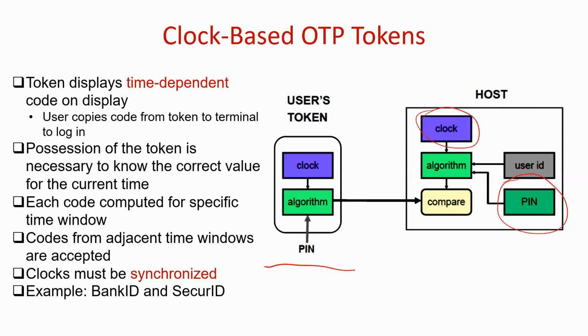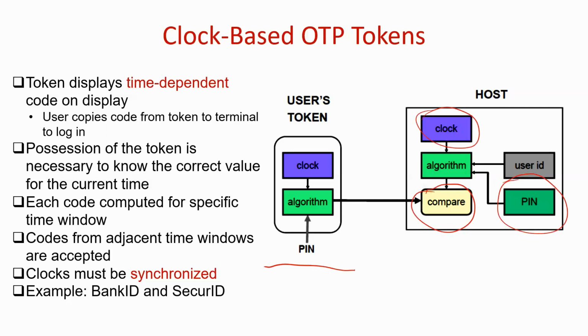These two things will be input to the same algorithm, which will generate a number, and the number will be compared to the one that is sent by the user. Now, if the clock on the user's phone is the same as the clock on the system, and the PIN is the same as the one that is stored in the system, then the algorithm will generate the same value and it will be an accepted value from the system. The only problem here is clocks tend to drift.